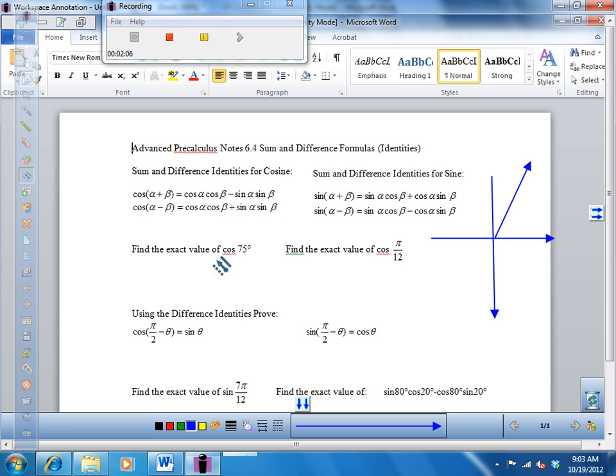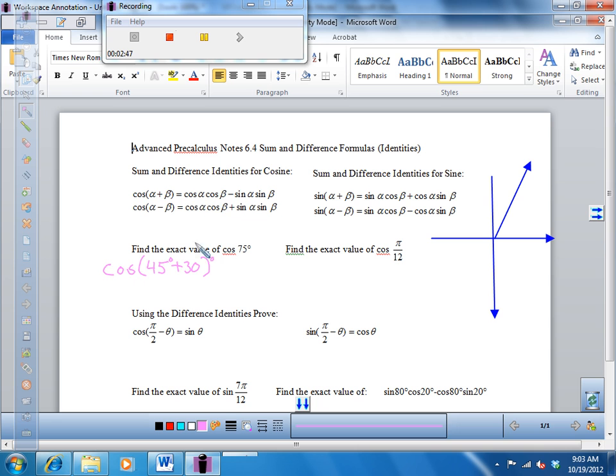I can write the cosine of 75 as the cosine of 45 plus 30, or 30 plus 45, it doesn't matter, and we're in degrees here. Then you just plug into the formula and simplify.